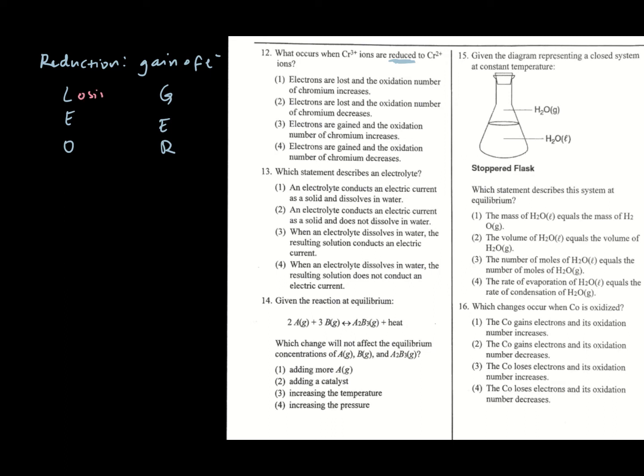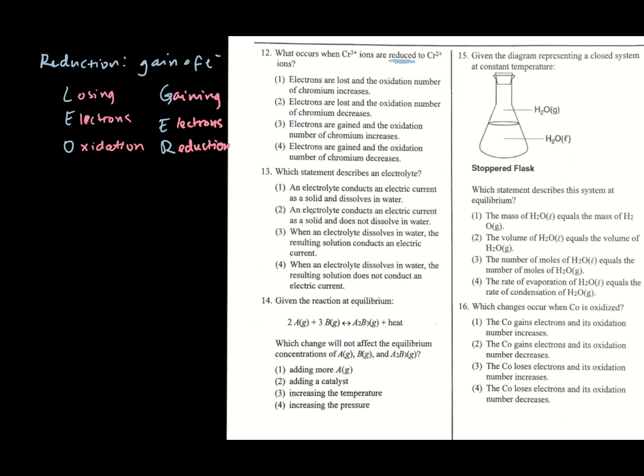So LEO, losing electrons, it's oxidation. Gaining electrons, reduction. Okay, so it's being gained.